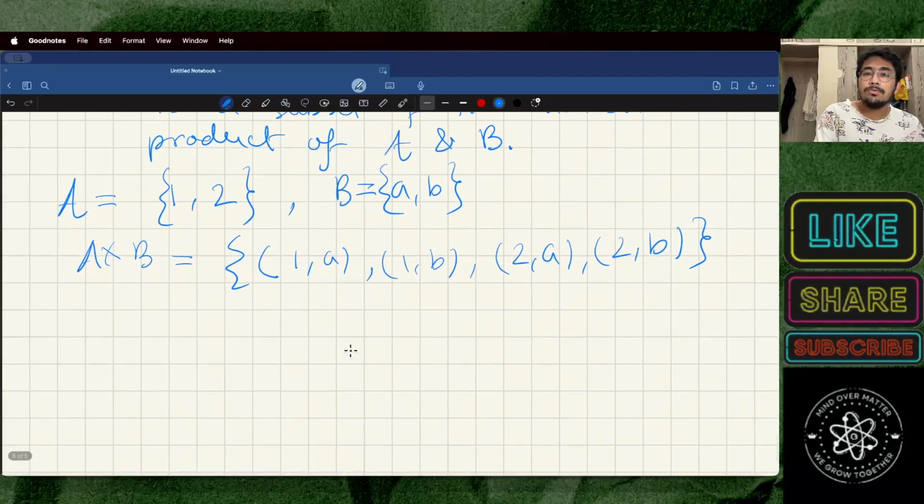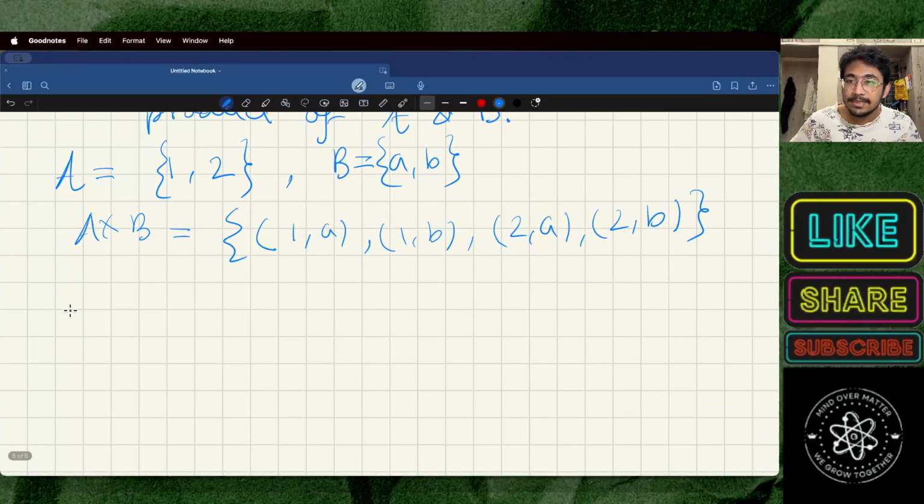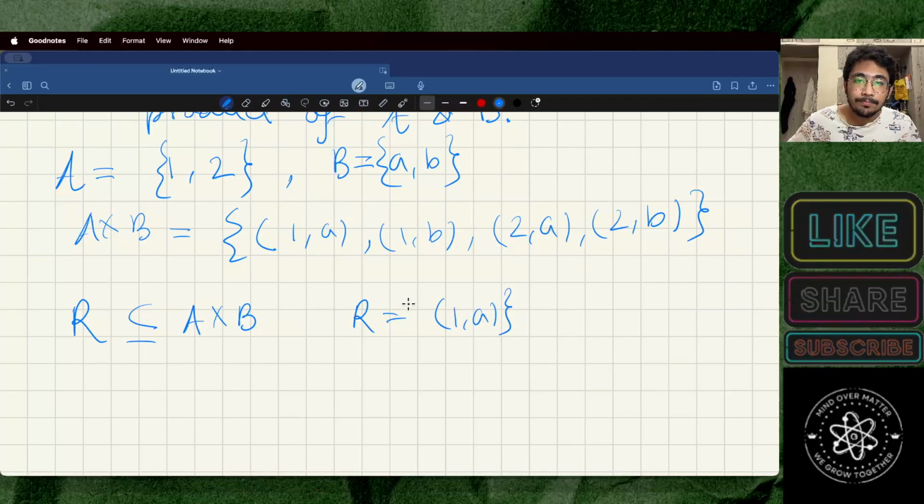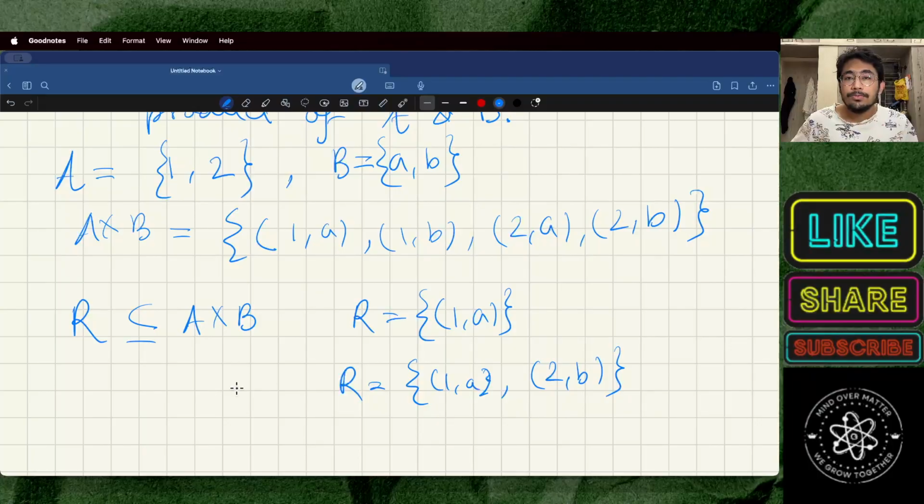Any set R which is a subset of A cross B can be just (1, a), or it can be (1, a) and (2, b).